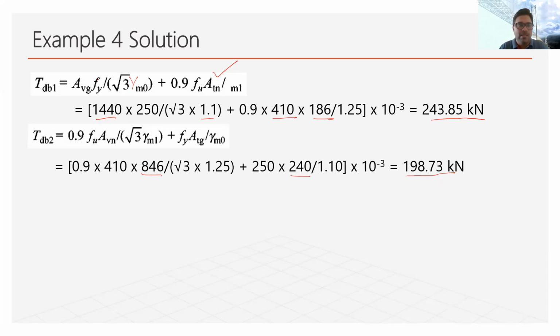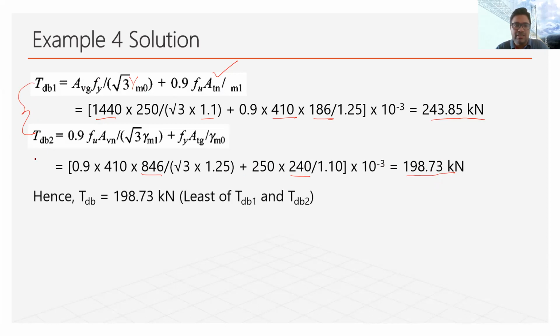Again, block shear strength will be the least of these two, TDB1 and TDB2. So in this case, TDB will be the least of 1 and 2. So this is our block shear strength. Now till now we have calculated the strength of the angle in case of yielding, in case of rupture, and now in case of block shear.